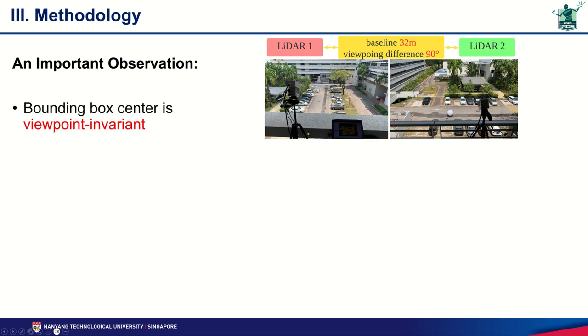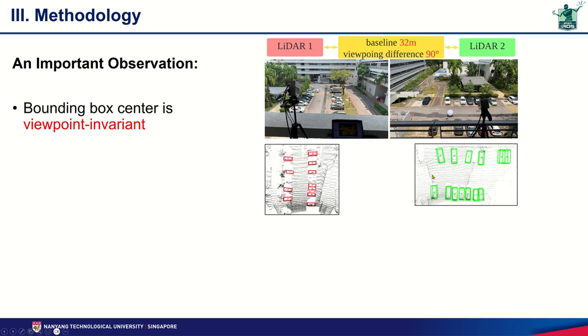In this page, I will explain our important observation. The bounding box center is viewpoint invariant. As shown in this figure, there are two LiDARs with a 90-degree viewpoint difference. And here shows the point cloud and the detected object and the bounding box center, shown in red and green.